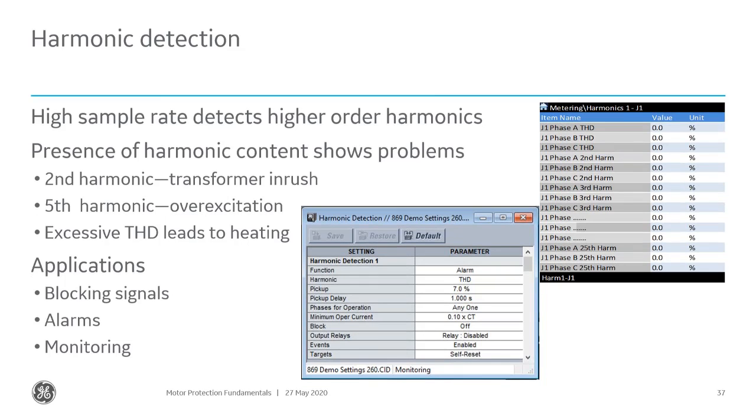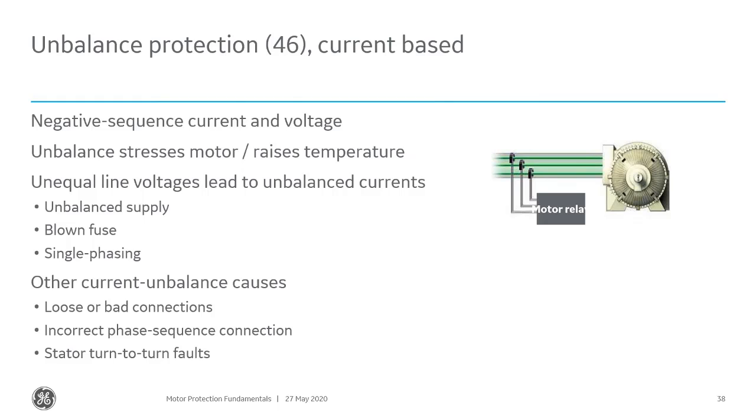Okay, so now let's talk about some of the other electrical protection functions. When I talked about the motor thermal model, I mentioned that we would typically set a K factor that would bias the motor thermal model based on the amount of unbalanced current.